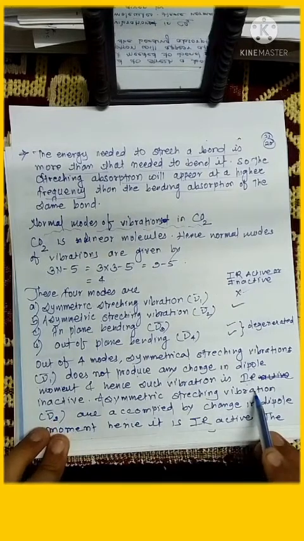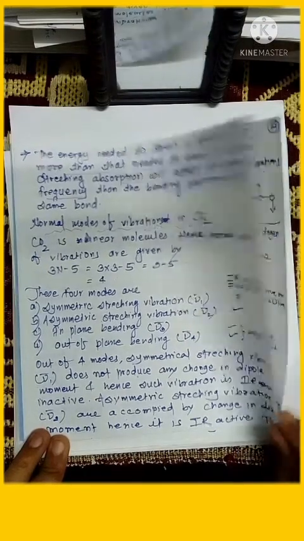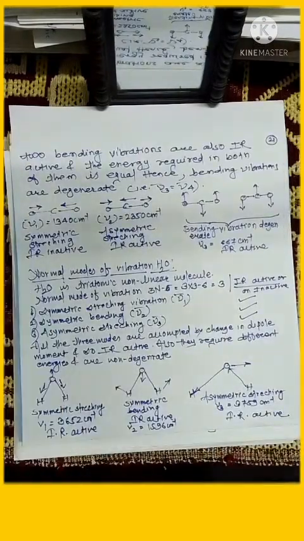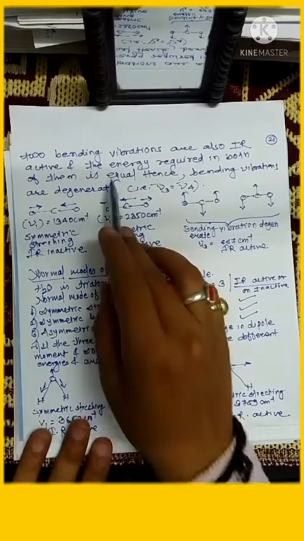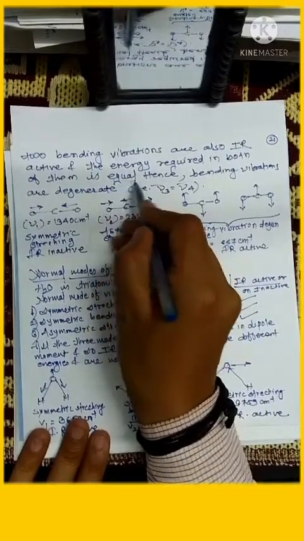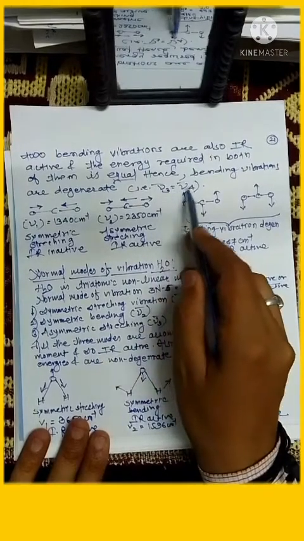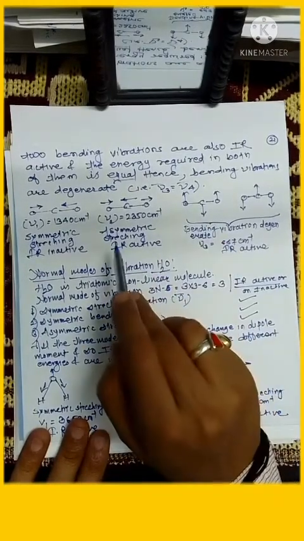Asymmetric stretching vibration is accompanied by a change in dipole moment, hence it is IR active. The two bending vibrations are also IR active, and the energy required in both of them is equal, and therefore they are degenerate. That is, nu bar 3 is equal to nu bar 4.